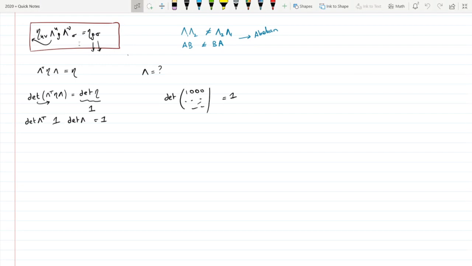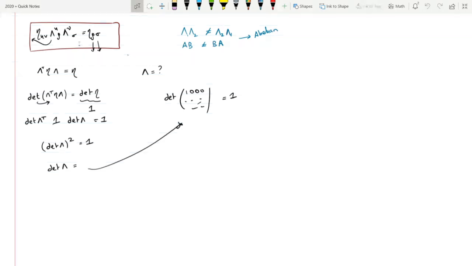Okay, and the other property I'm going to use is the determinant of the transpose of a matrix is the same as the determinant of the matrix itself, which is to say that the constraining equation that we found so far is that the square of the determinant is 1, which tells us that the determinant of this matrix, whatever it is, is plus or minus 1.